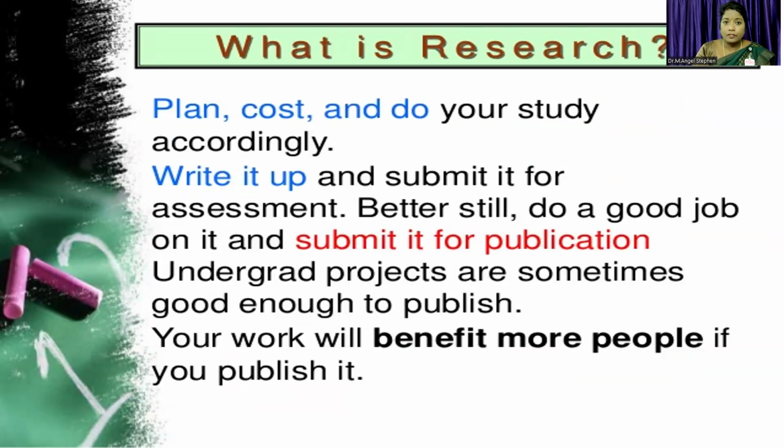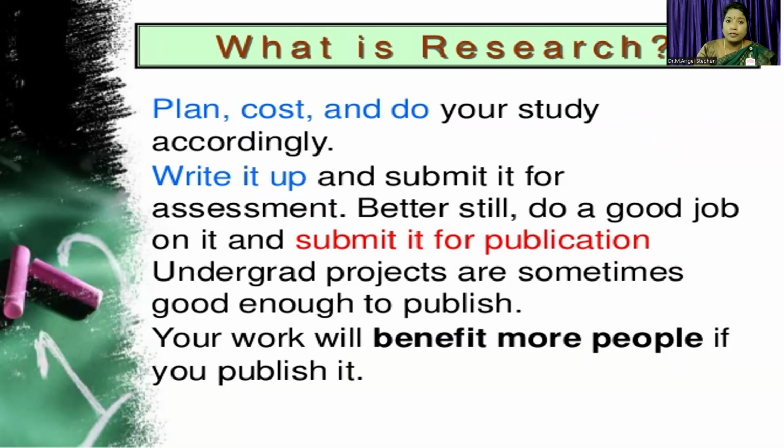Next, after identifying all these things, you have to plan for the cost and do your study accordingly. Finally, after doing it, you have to write it up and submit it for assessment so that you prove your findings according to the scientific knowledge acquired while doing the research.